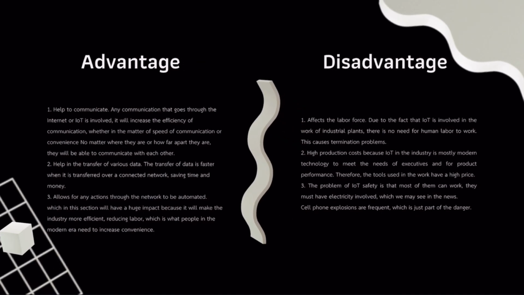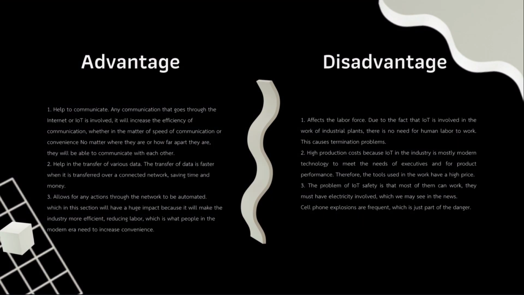Advantages of IoT. First, how to communicate. Any communication that goes through the internet or IoT will increase the efficiency of communication, whether in the matter of speed or convenience, no matter where they are or how far apart they are.